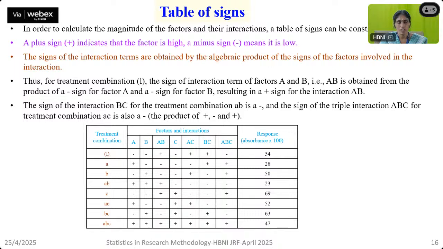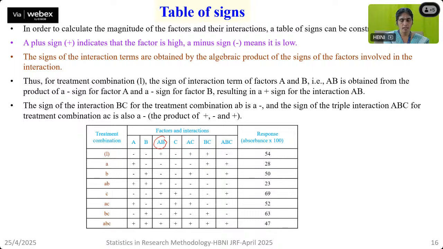And in order to understand the impact of these factors on the final outcome, initially we construct a table of signs where low values are given minus sign, high values are given plus sign. If there is a combination of, say, flame height and lamp current, A and B, A is flame height, B is lamp current, C is fuel to oxidant ratio.